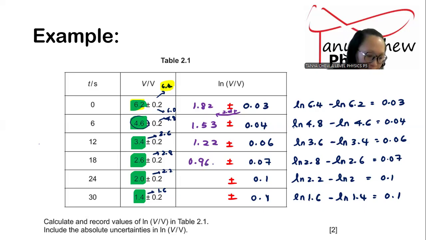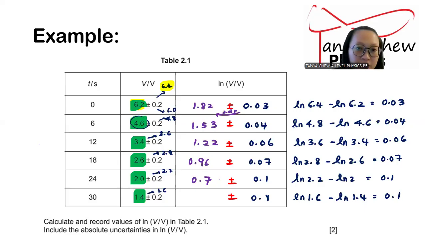Ln 2. Look at the absolute uncertainty. There is 1 decimal point. So record it in 1 decimal point, 0.7. Follow the decimal point of the absolute uncertainty when you include your absolute uncertainty. Absolute uncertainty is the one that determines the decimal point of your ln V when it is being included.